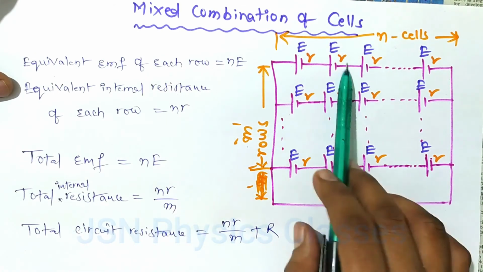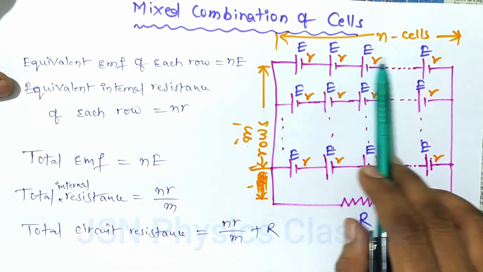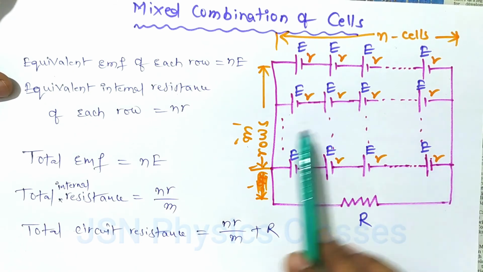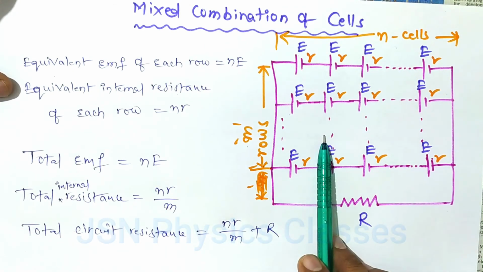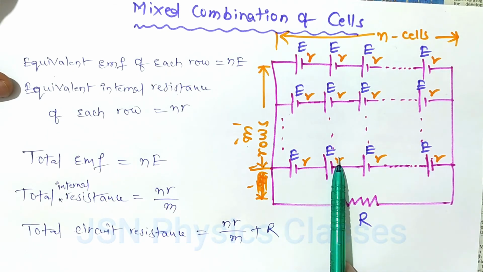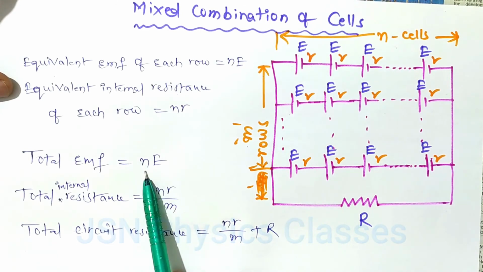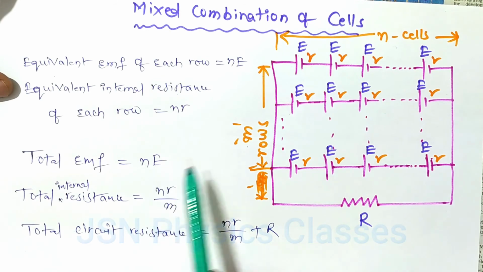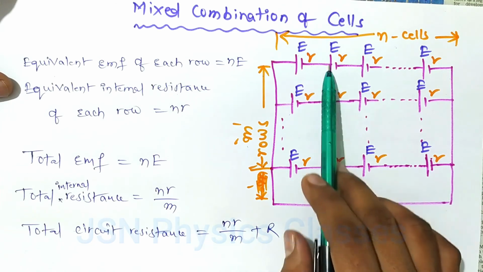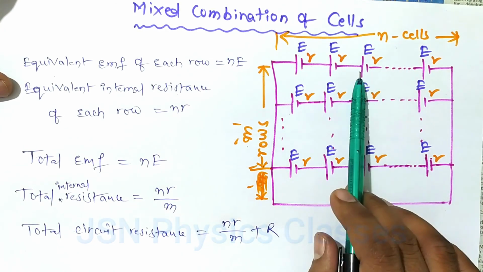But what is the total EMF? The equivalent EMF of each row is nE. These m number of nEs are connected in parallel combination. But the total EMF is equal to nE only, according to parallel combination, as we have seen before. సో ప్యారలల్ కాంబినేషన్లో ఎన్ని సెల్స్ ఉన్నప్పటికీ కూడా ద ఈక్వివాలెంట్ ఈఎంఎఫ్ అనేది ఒక సెల్ యొక్క ఈఎంఎఫ్ ఎంతైతే ఉంటుందో అంతే ఉంటుంది.